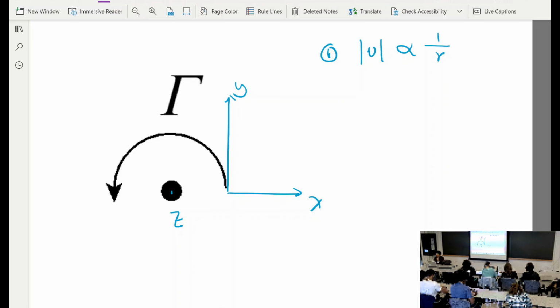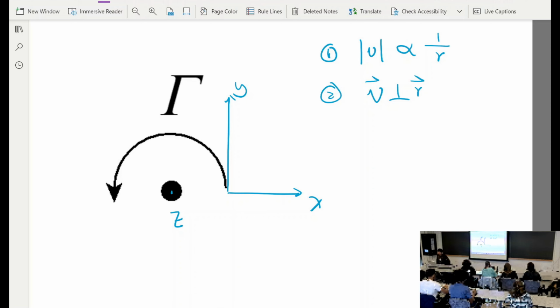And the direction of the velocity is perpendicular to the r direction. So these two are very clear. Velocity goes slower and slower as you go away, and the direction is perpendicular to the radial direction. All right. Any questions on that?